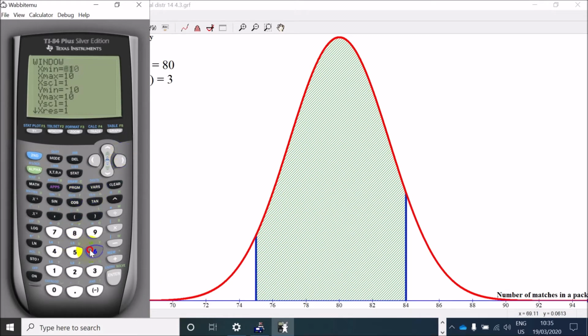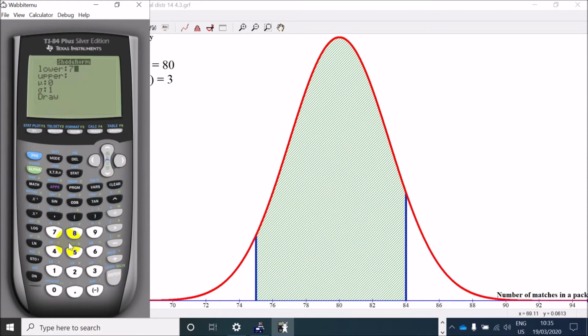Let me set the same, 65 up to 95. And also, we are talking about a probability, let's say between 0 and 0.2. Let's see how that's going to work. And let's go back to our distribution. Going back to the draw.